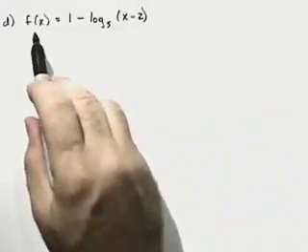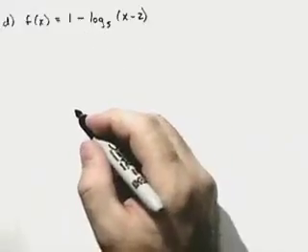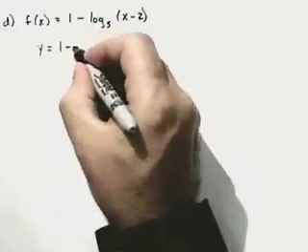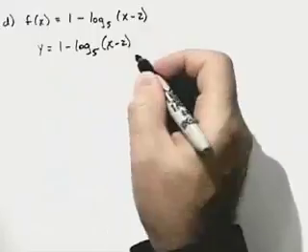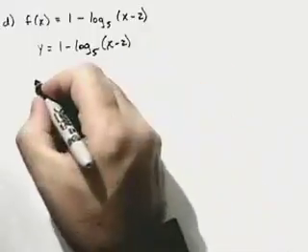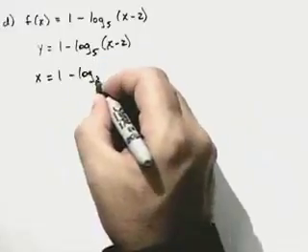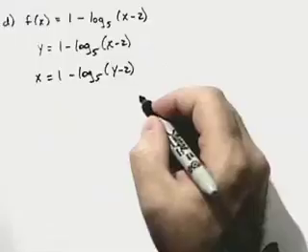We were given the function f of x equals 1 minus log base 5 of x minus 2. To find the inverse, we'll first write y equals 1 minus log base 5 of x minus 2. We'll interchange our variables and write x is equal to 1 minus log base 5 of y minus 2. And this will implicitly define the inverse function.